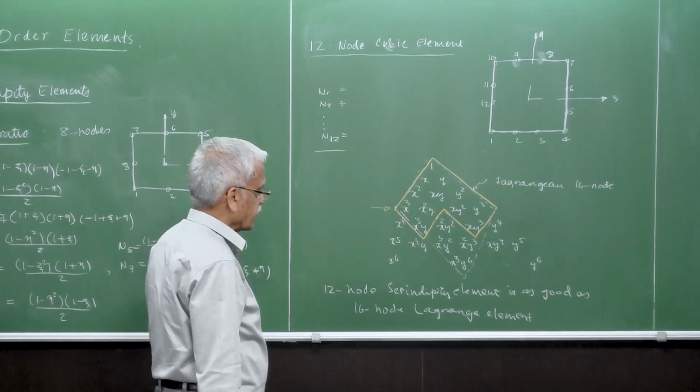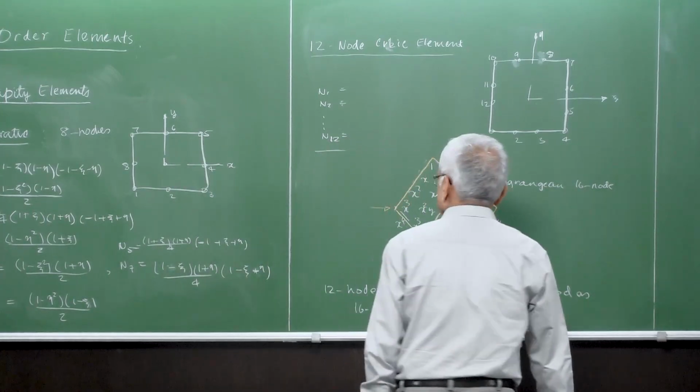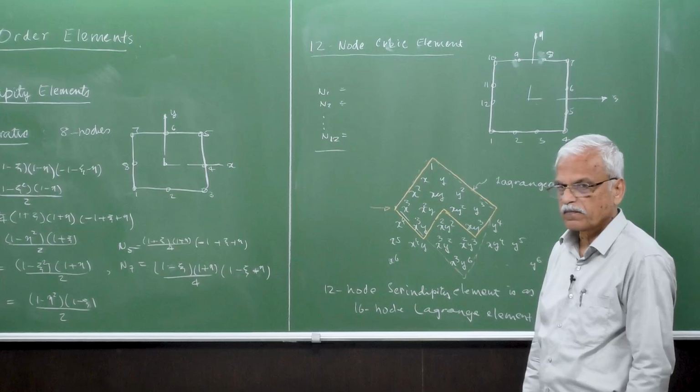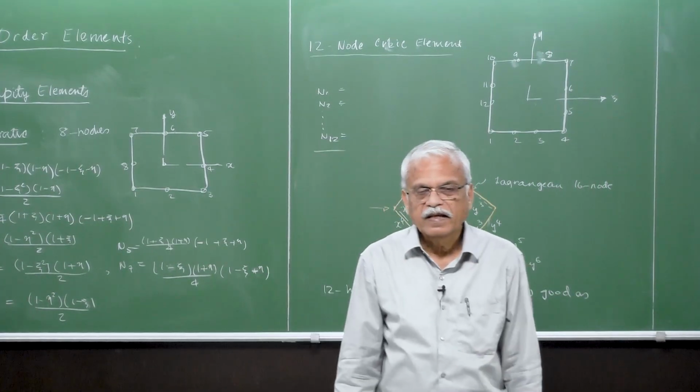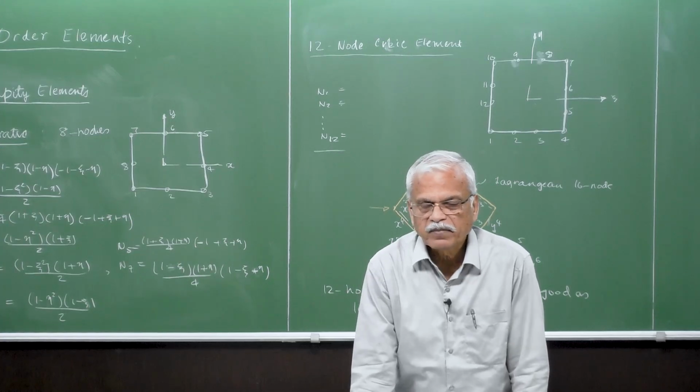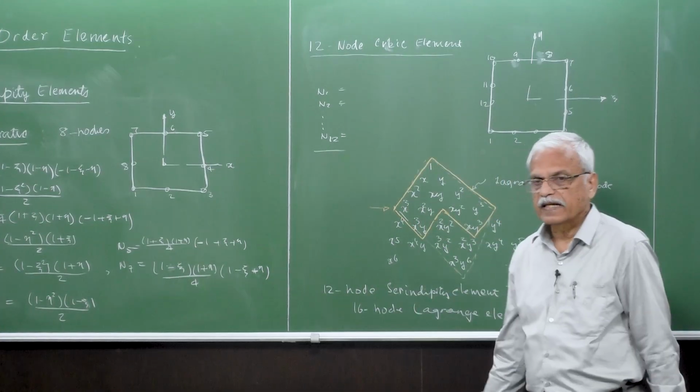Okay, so this is as good as 16-node Lagrange elements. So that's why these serendipity elements are much more popular, because they have less number of nodes and the behavior is as good as the Lagrange element.